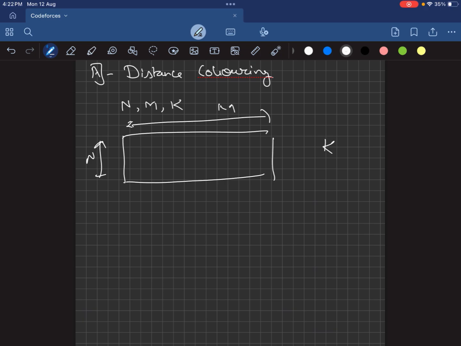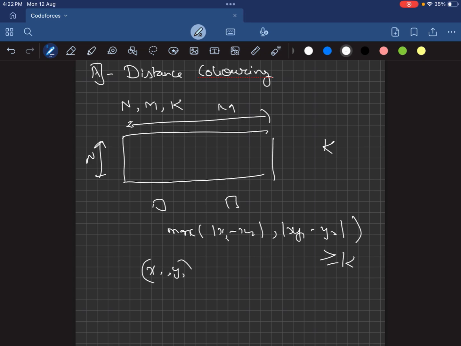You have to color every cell of this grid with a color such that if two cells have the same color, then the distance between them, max of |x1 - x2| and |y1 - y2|, should be at least k.